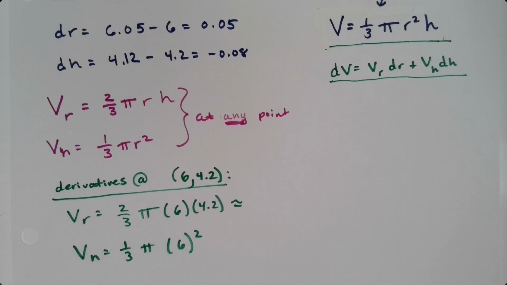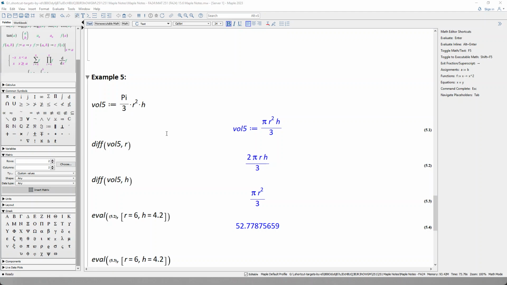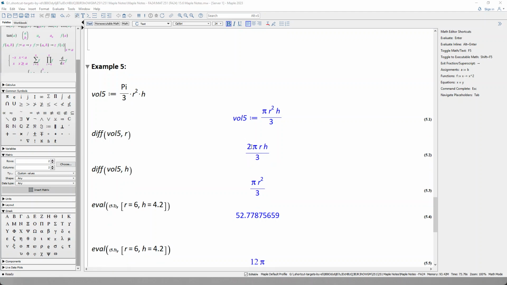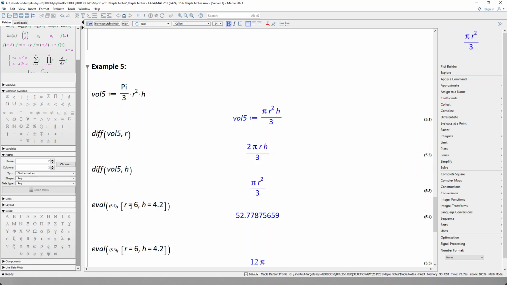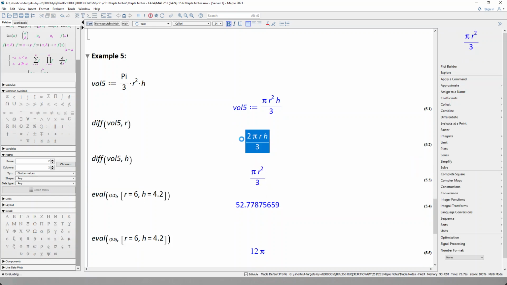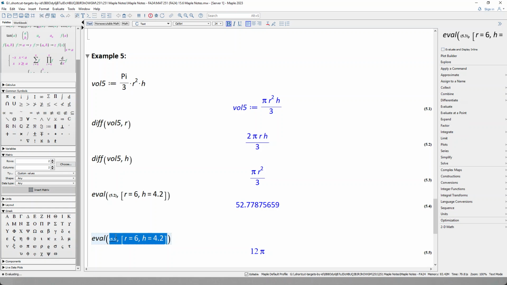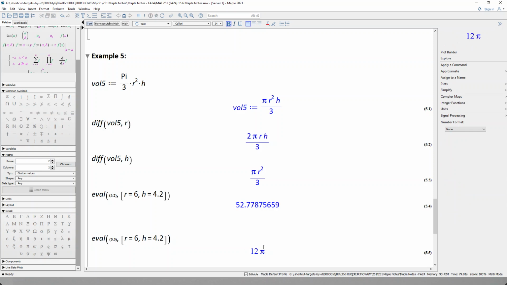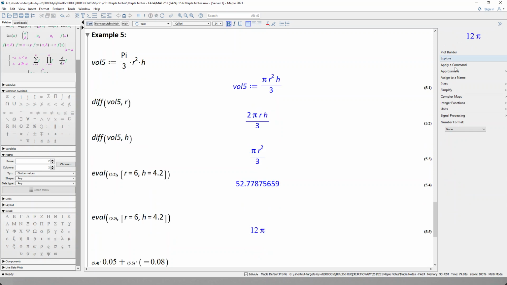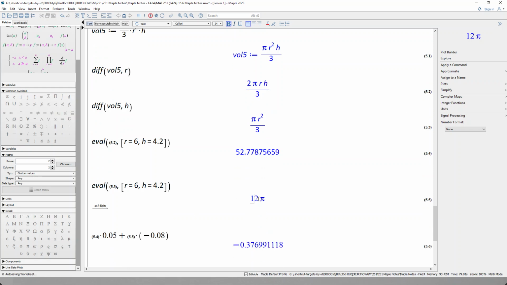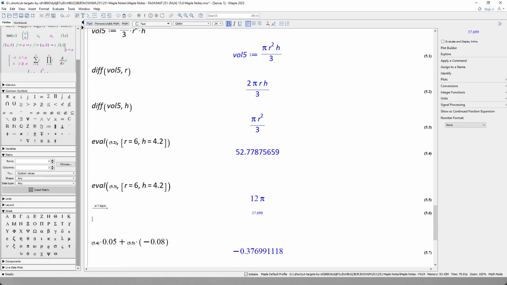Okay, so let me go grab Maple. Again, I had it verify my derivatives were okay, which they were, and then I told it to evaluate the derivative with respect to r at these values, 6 and 4.2, and it did, and then I just copied and pasted, even though technically h is not involved in the second one, and it gave it to me. It's actually 12 pi. If I want a decimal approximation, I can just tell it to give me one: 37.699.